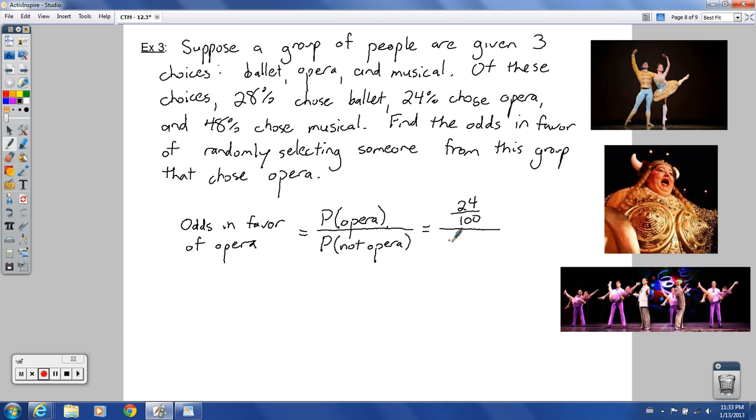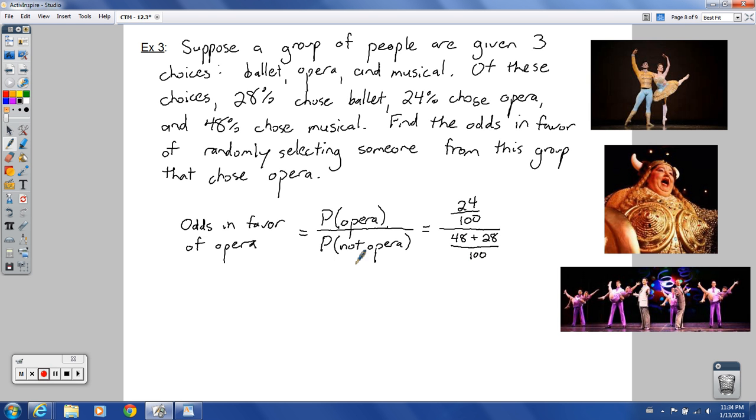And so we have this out of the not opera, which you could either take 1 minus this, or you could take the things here. Since these are the only 3 choices they had to pick from, this plus this adds up to 100% like it should. So this would be 76% plus 24 would be 100%.